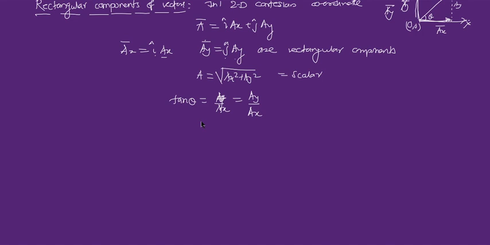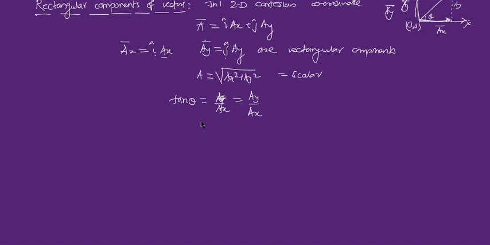So AX bar is equal to i cap AX, AY bar is equal to j cap AY, and AZ bar is equal to k cap AZ; these are the rectangular components.